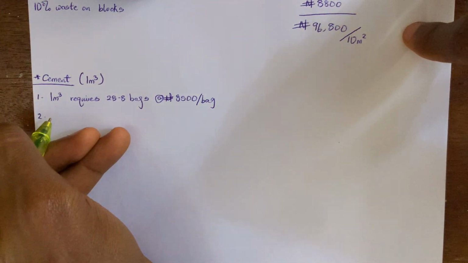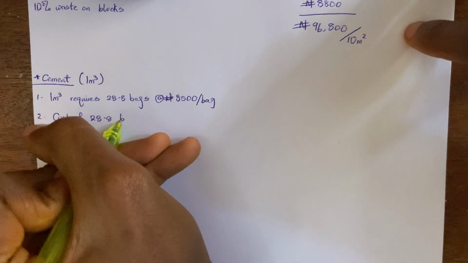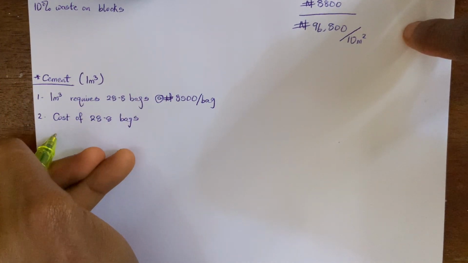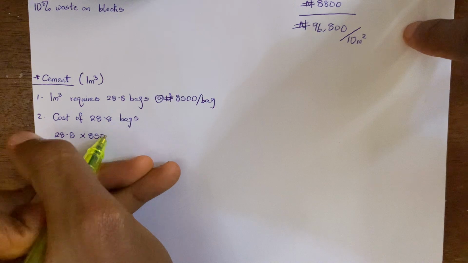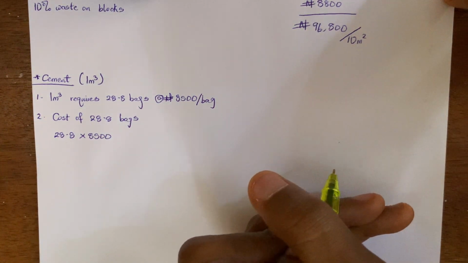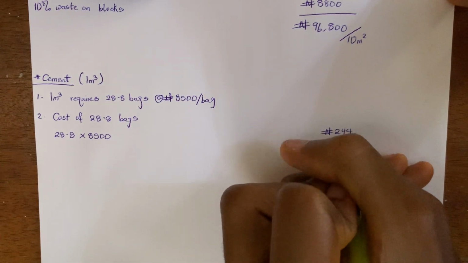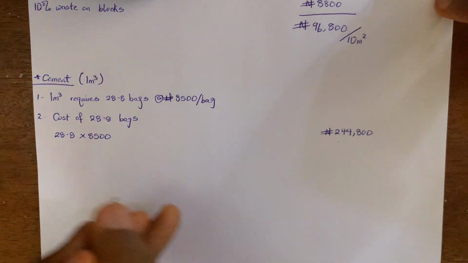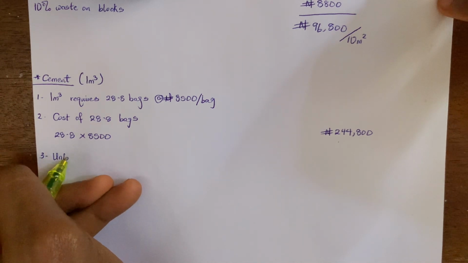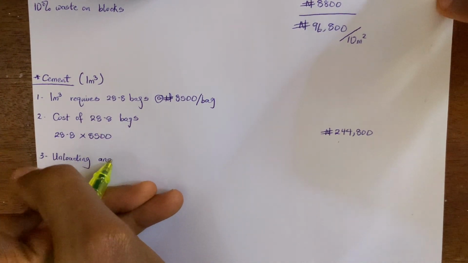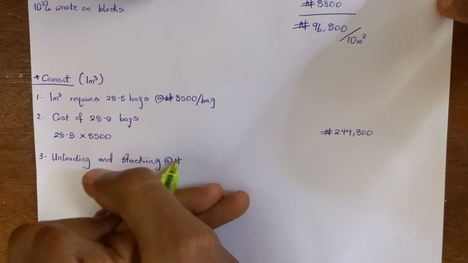Therefore, the cost for 28.8 bags will now be 28.8 multiplied by 8,500, and that's equal to 244,800. Now we're going to cater for unloading and stacking the bags of cement at 15 naira per bag.